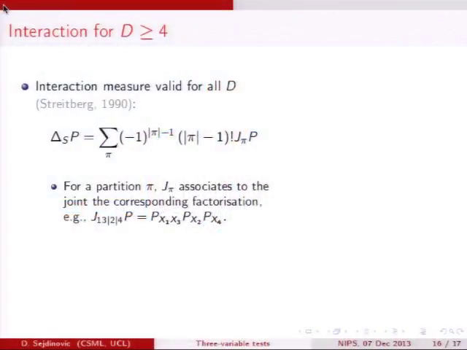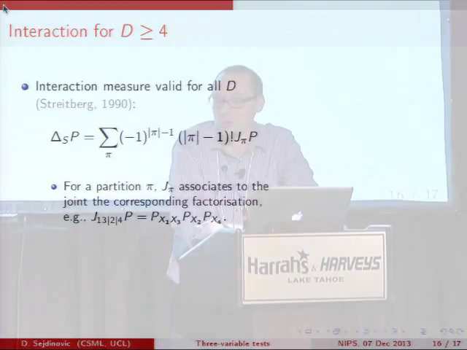Okay. So now a natural question arises: what happens when we go beyond 3? The answer isn't as satisfying as what we had in the case d equals 3, actually. The reason is that the interaction measure that was constructed by Lancaster does not actually capture all the possible factorizations in the cases d greater than or equal to 4.